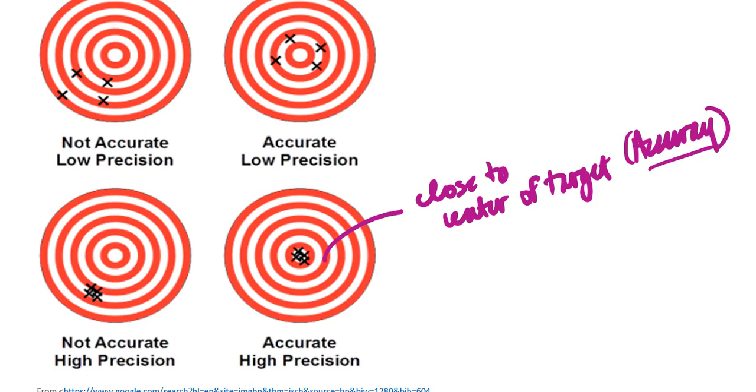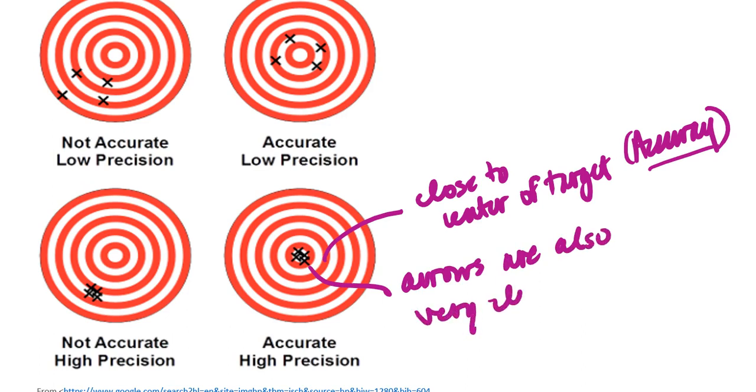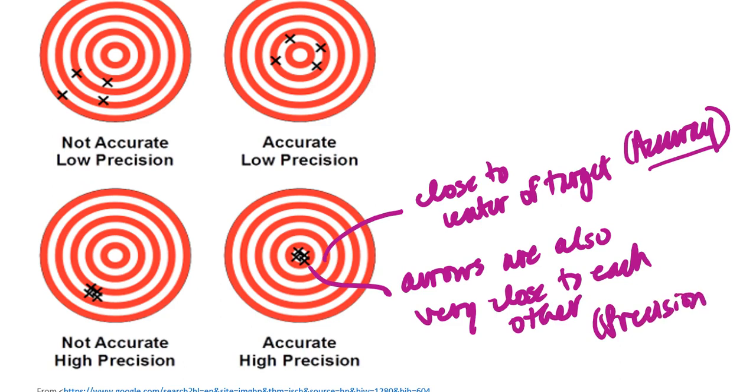Notice that basically the arrows are also very close to each other. That's what we refer to as precision.